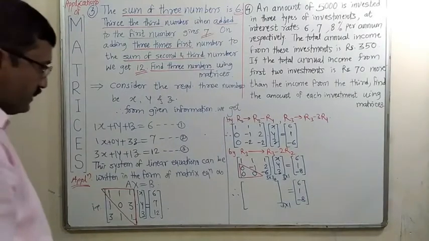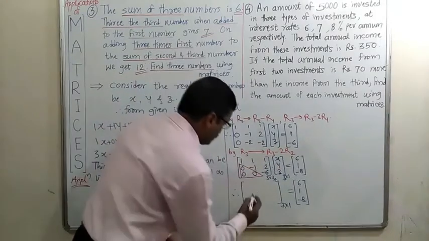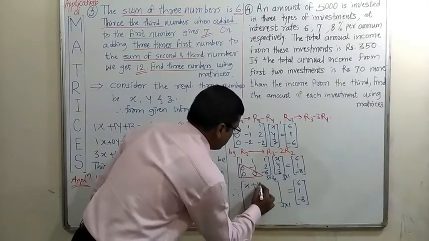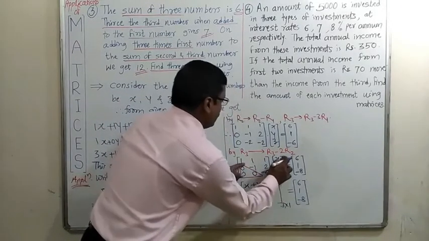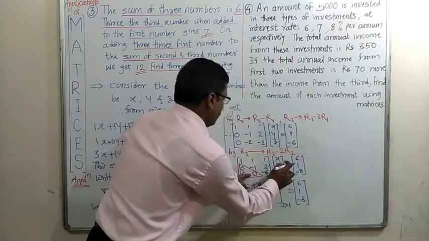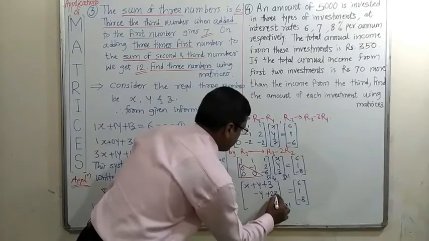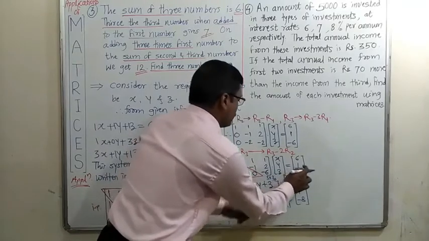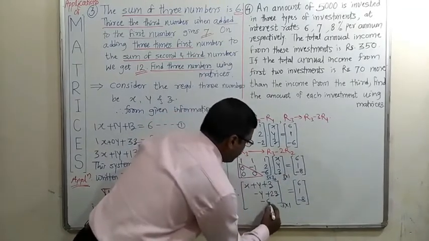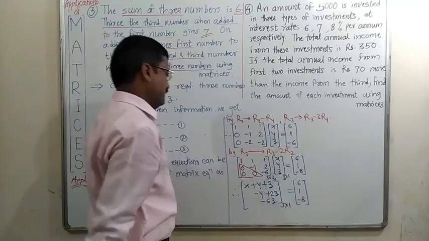So here we get x plus y plus z, then minus y plus 2z, and minus 6z equal to minus 8.